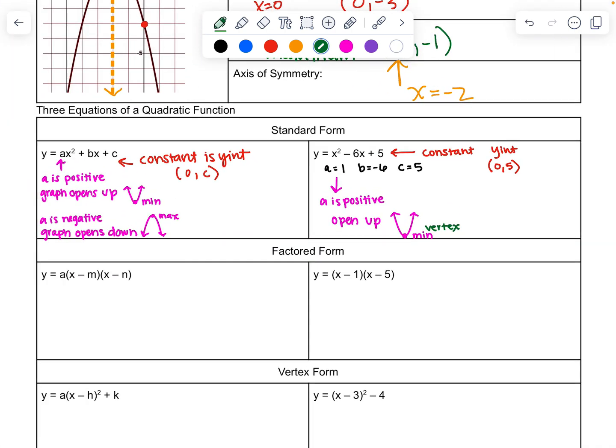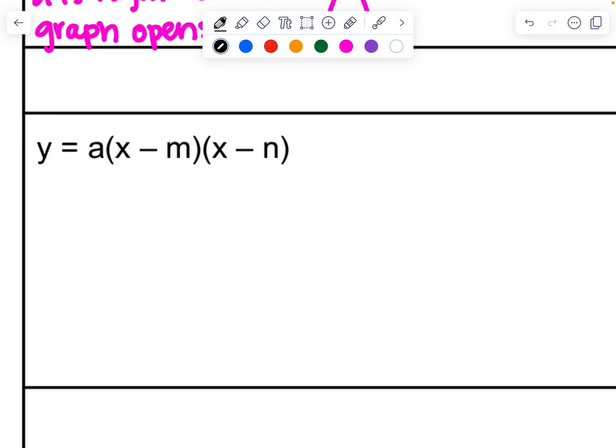Next, we're going to look at factored form. And that should ring a bell because we just spent a whole unit practicing factoring. And this is what we are going to use factoring for. It's going to be able to find the x-intercepts of a quadratic function. If we look here, it's already set up as the factored form. These two sets of parentheses as well as the a value, these are our factors.